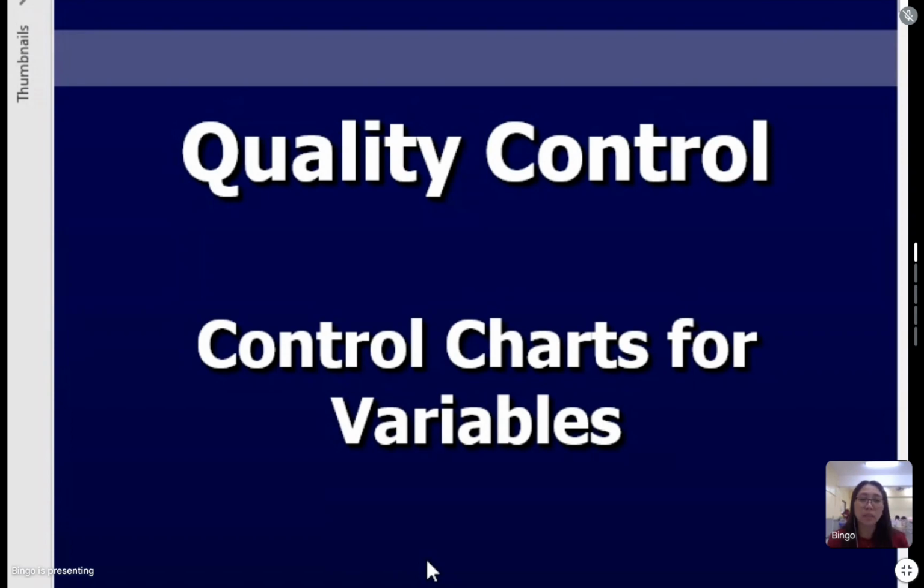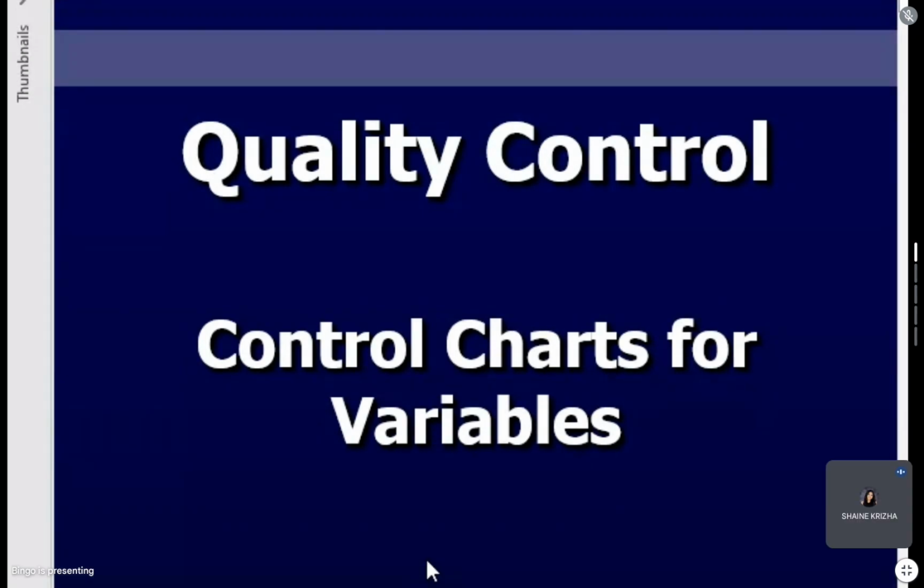From the context or the word itself, ano yung makukuha natin sa word? Anybody? Variable. Sige. Yes, Shane.